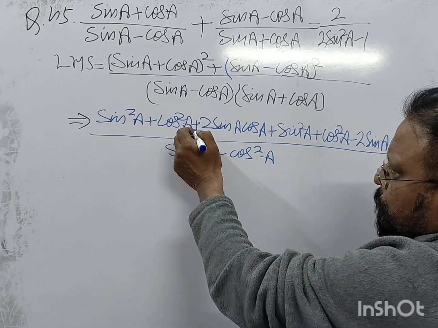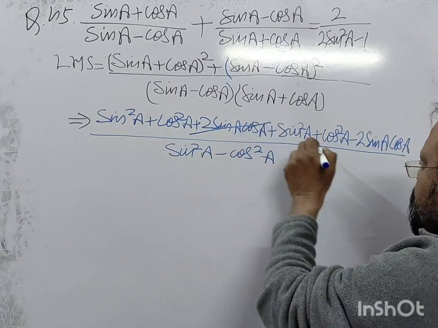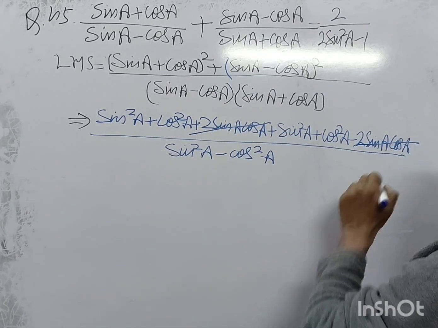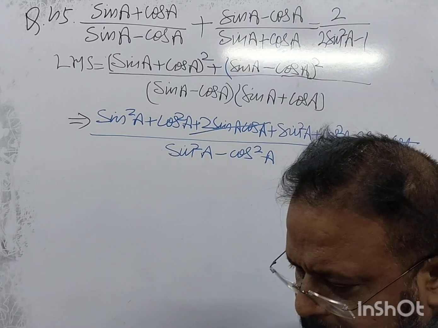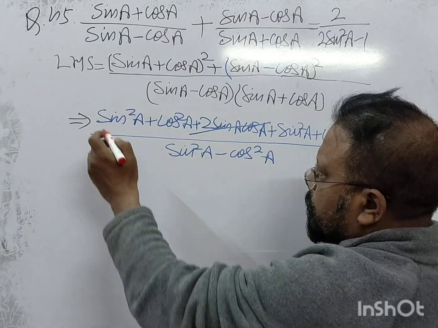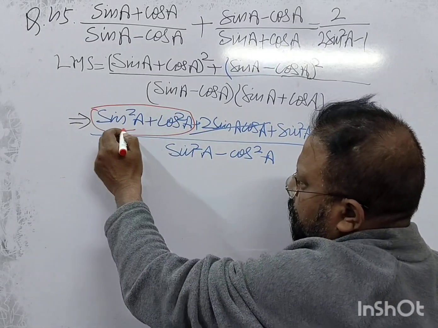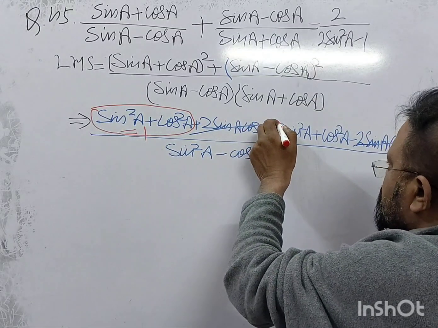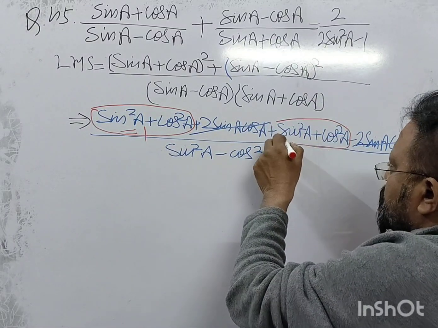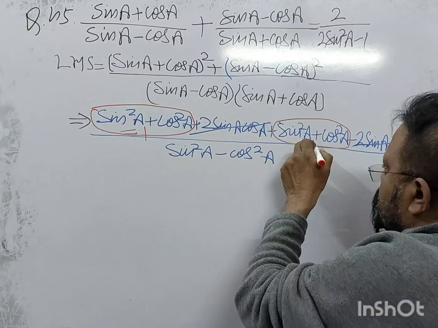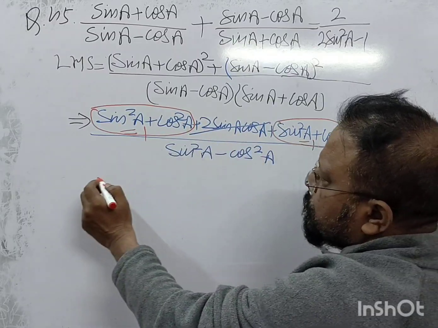So this plus 2 sin A cos A minus 2 sin A cos A cancel out, and this sin square A plus cos square A is equal to 1, and this sin square A plus cos square A is equal to 1. 1 plus 1 becomes 2.